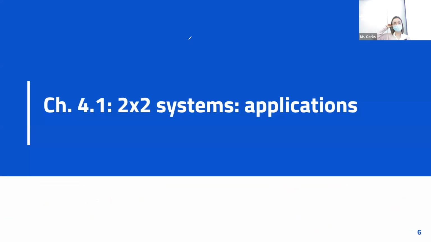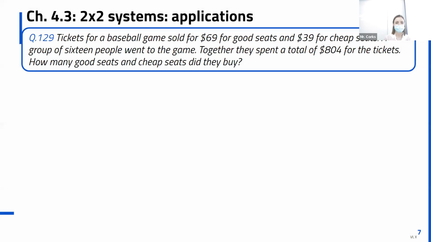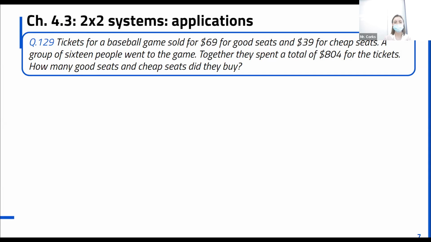So for now, we will use 2 by 2 systems of equations to solve problems. Here we have a baseball game and several types of tickets.